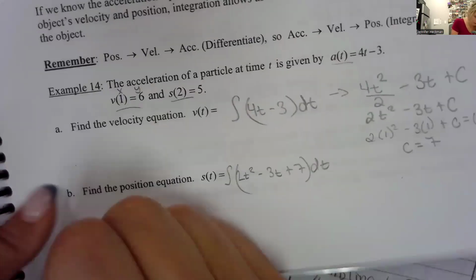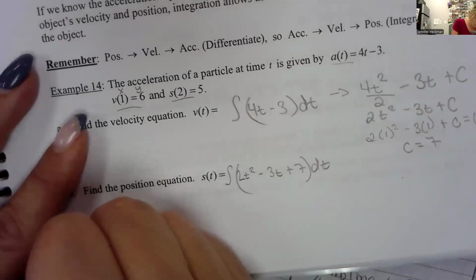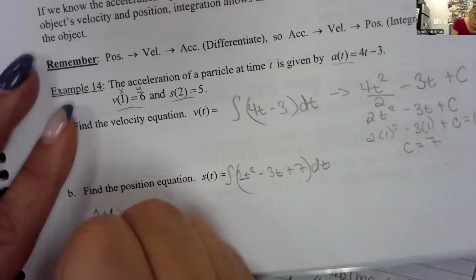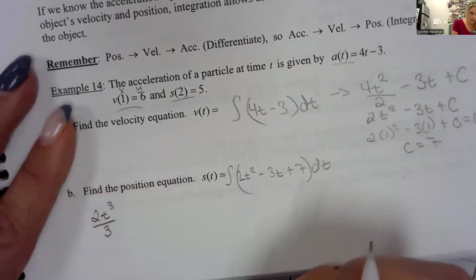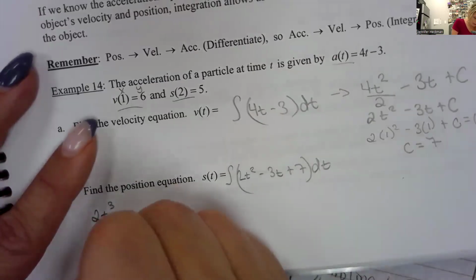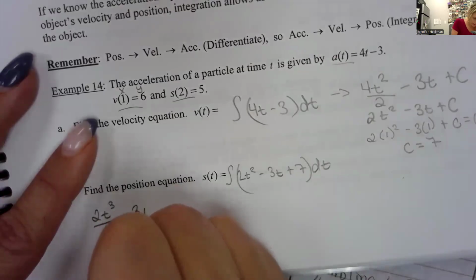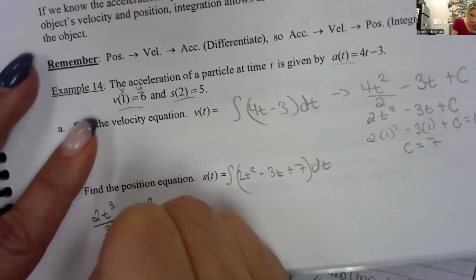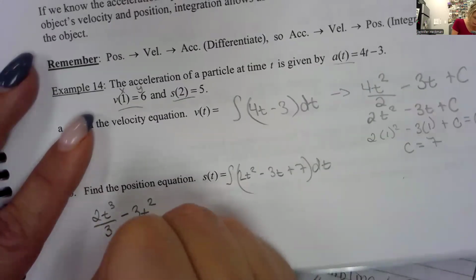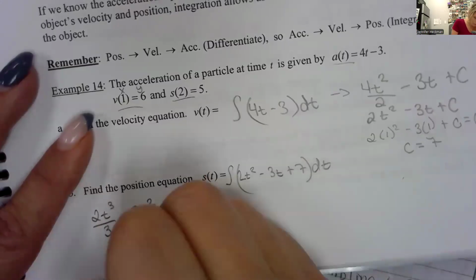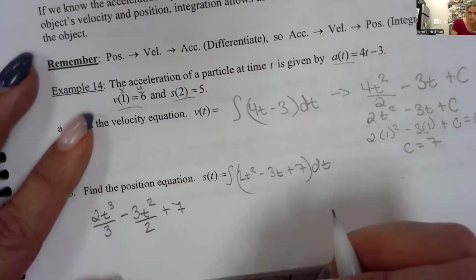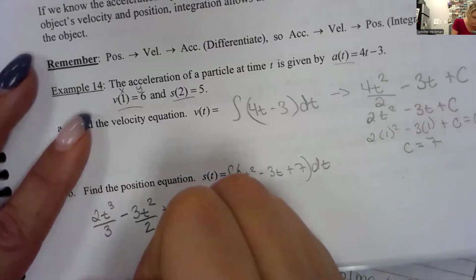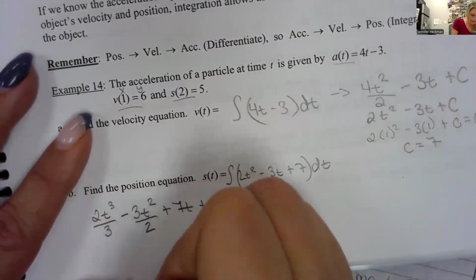I'm going to do this down here. So I have 2 up front. I'm going to add 1 to the exponent, divide by that new exponent. Minus 3t, add 1 to the exponent, so that's squared, divide by that exponent, plus the constant. Well, that means we have to take the integral of the constant, so we hook on the variable, and then we have a plus c.